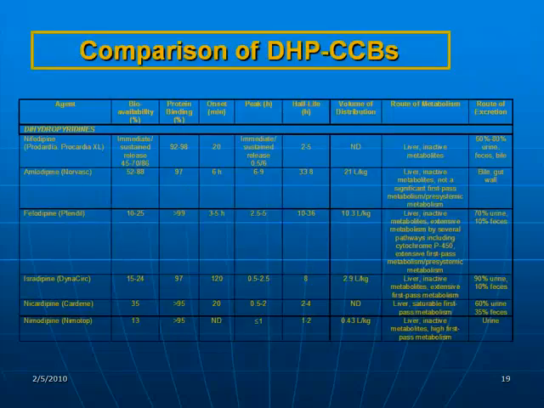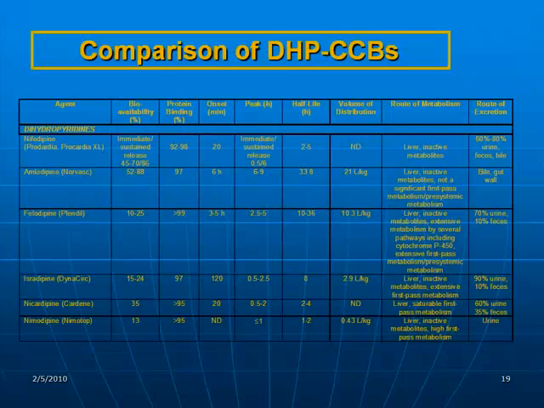Slide 19, this slide gives you kinetics, dosing, other information about the dihydropyridine calcium channel blockers. I'm not going to read through it. It's there again for your use. There are obviously a whole bunch of dihydropyridines. All of the generic names of the dihydropyridines end in -ine. That's one way to keep them straight.